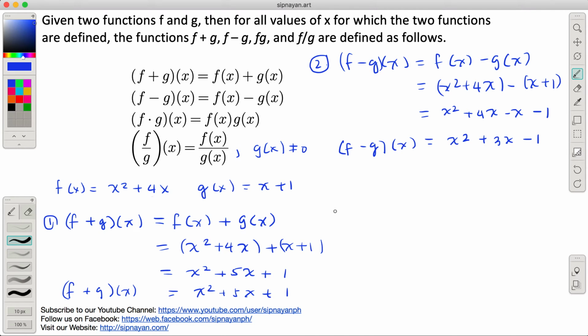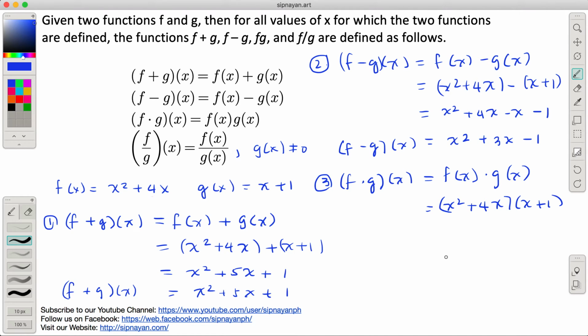Number 3, we have f times g of x. So this is equal to f of x times g of x. Meaning, multiply din natin yung dalawang expressions natin, dalawang functions. We have x squared plus 4x times x plus 1.